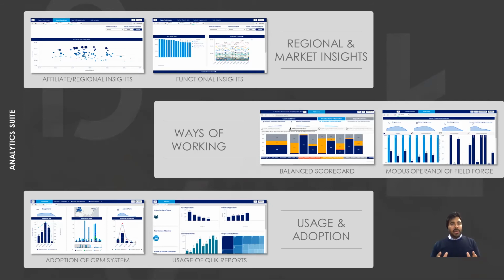And the reports took an outset in both a regional and affiliate point of view, meaning that in case you were sitting in a regional office, you had the ability to compare performance of the markets against each other. In case you were working within a market, you would be able to compare geographical areas' performance against each other as well, and ultimately zoom into and deep dive into different functions as well. So sales, medical, marketing, market access. And this set of reports definitely proved to be the core of what we delivered.